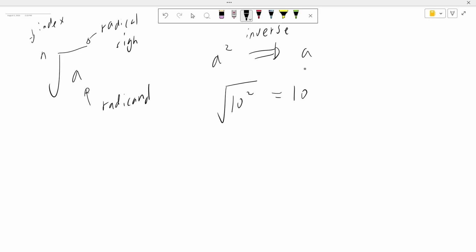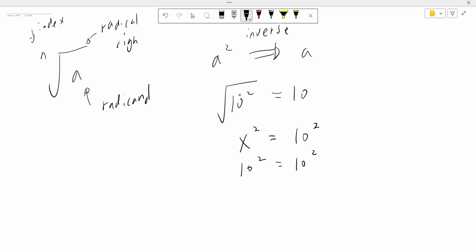Now the reason this is like that is because this is asking what number raised to the second power gives the stuff inside here under the sign, and we know that x must be 10, so the answer is 10.